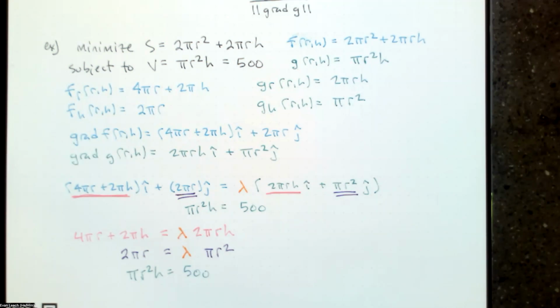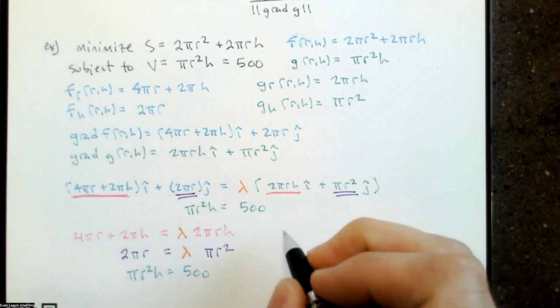Our standard operating procedure for solving this system is to eliminate lambda. Lambda is always going to be sitting there by itself. All the other variables might have exponents and other weird things going on. So we're going to eliminate lambda. I'm going to solve for lambda in each of the equations and then equate those expressions, and then hopefully we'll see something familiar.